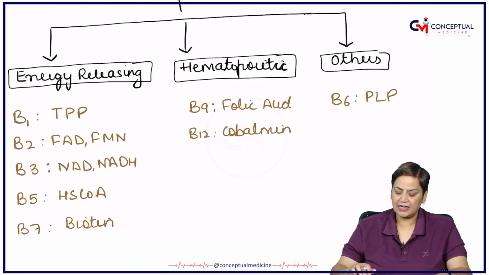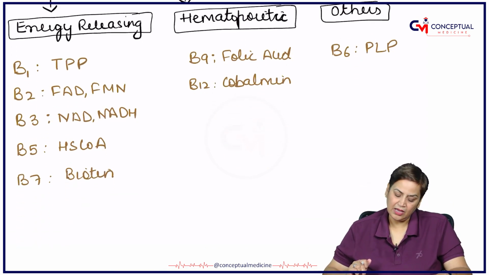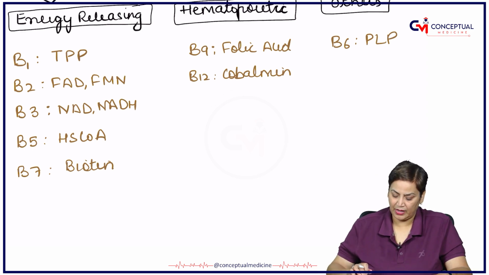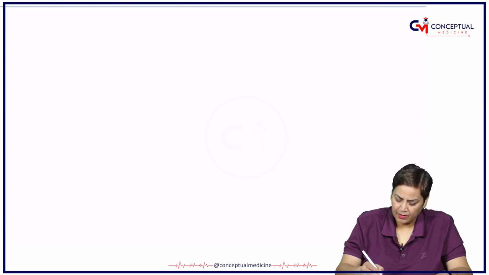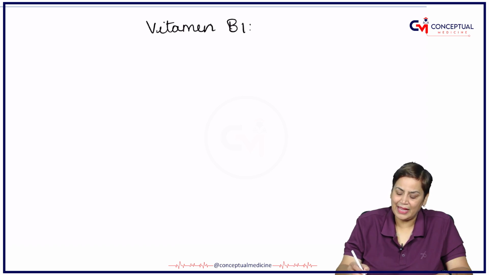So let's start with the first category of B complex vitamins, that is TPP or B1. Vitamin B1 is known as thiamine.